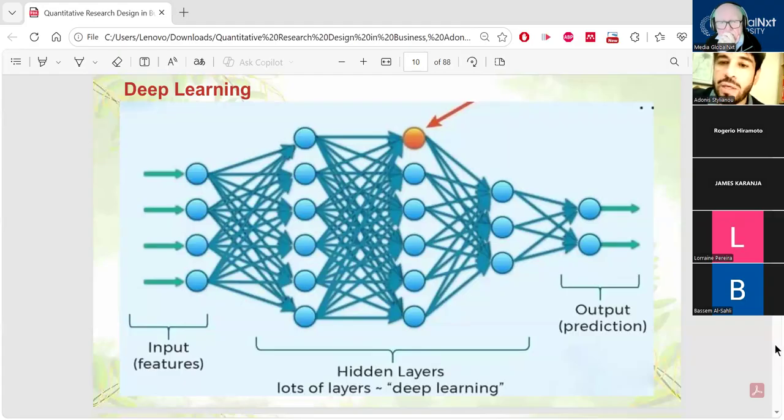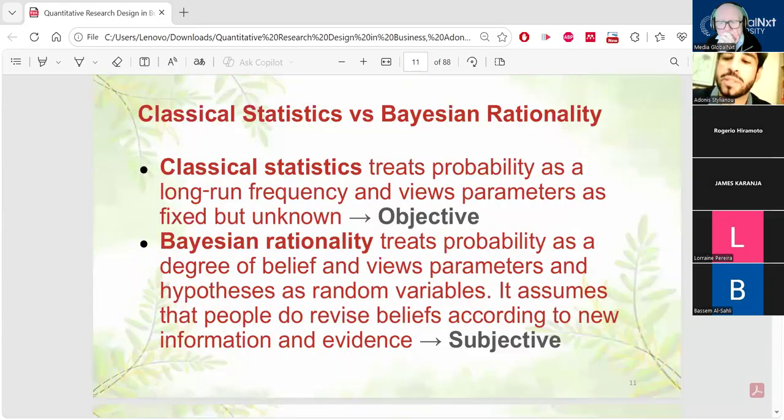Now, the new paradigm of Bayesian rationality, I consider it to be particularly important and influential for the future of business research. Although Bayes lived in the 18th century, his work was only published years after his death, and the applicability of Bayesian rationality in business has only taken place in the last 5-10 years, I would say.